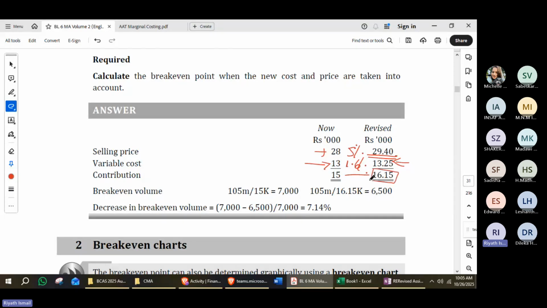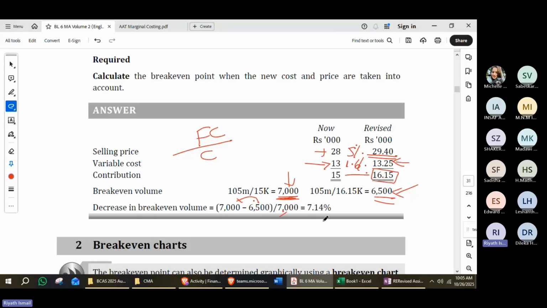Let's see the changes. The break-even point earlier was 7,000 units. Now the break-even point is 6,500. How do we calculate the break-even point? Fixed cost divided by contribution per unit. So earlier 7,000 units, now 6,500.